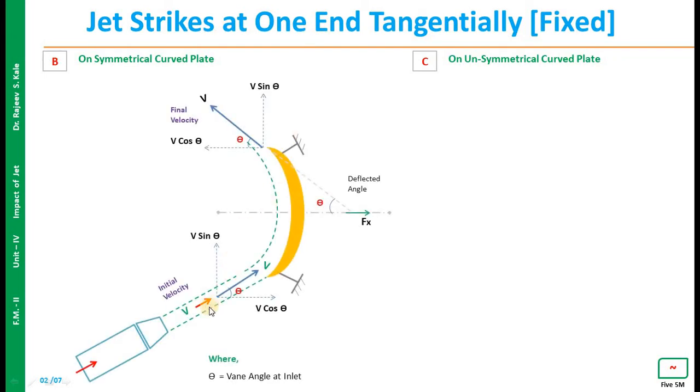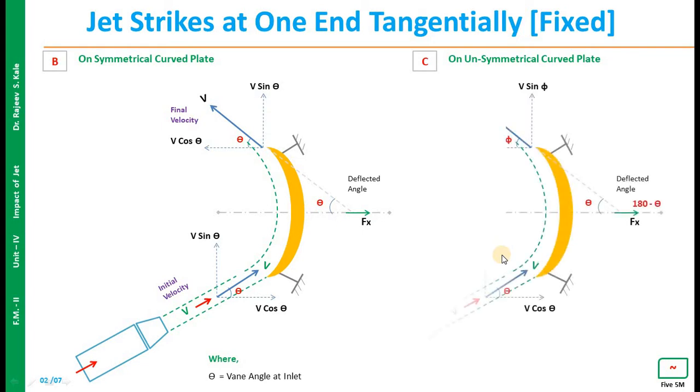So like this, the inclination of the jet with the curved surface. The jet strikes one end tangentially with an angle of theta. So these are the initial velocity components. The jet strikes, glides over the surface and exits at the outlet.